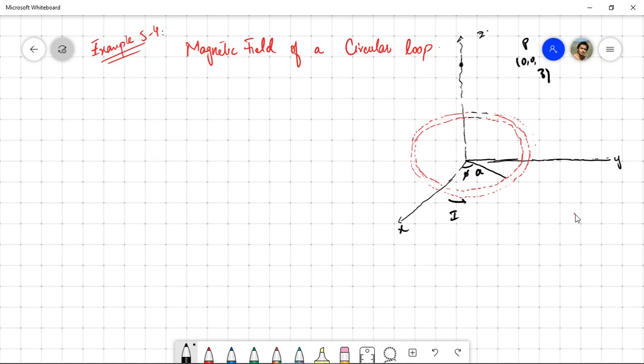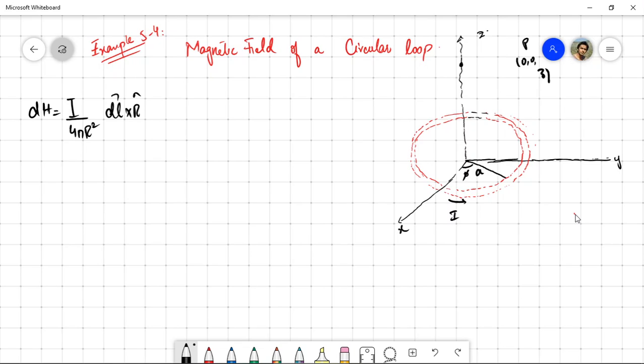So how do we calculate the value of dH at this point P? We know that according to the Biot-Savart law, we have 4 pi r square, and then I, then here we have dl cross r hat. These are the things that we need to calculate.